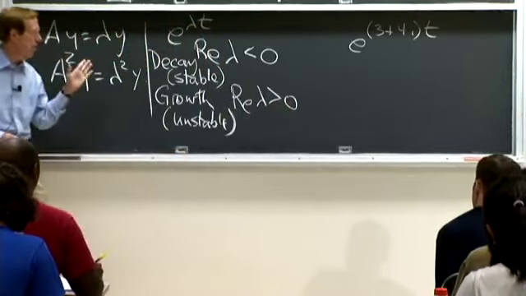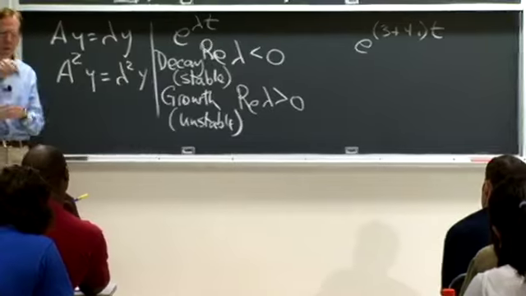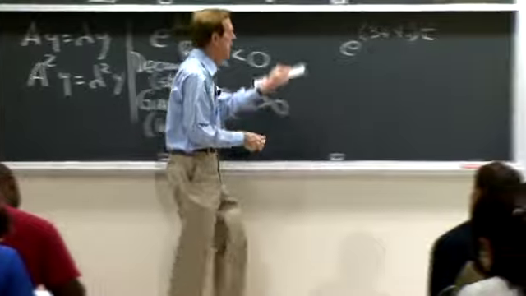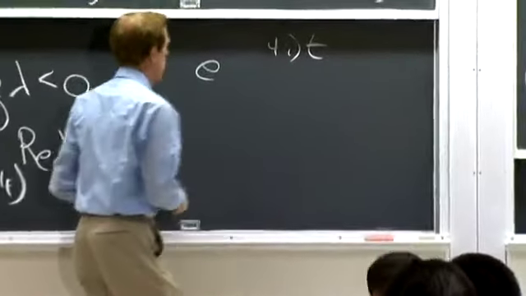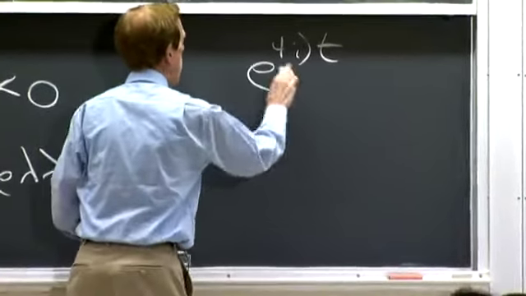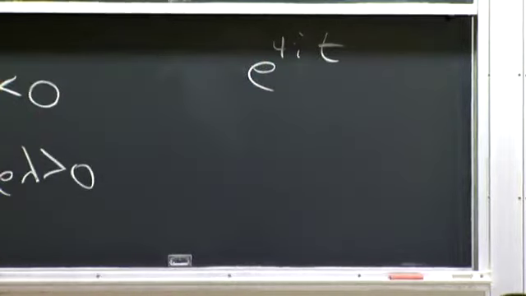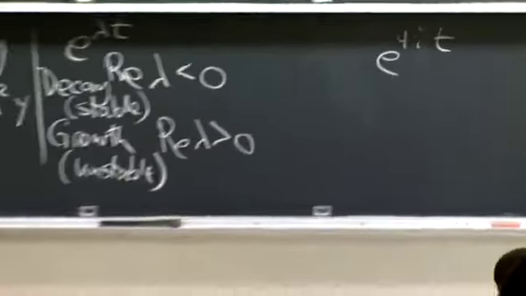And then if lambda has a 0 real part, so it's pure oscillation, let me just take a case like that. So e to the 4it, that would be oscillating, right? Yeah, it's cos 4t plus i sine 4t, it's just oscillating.